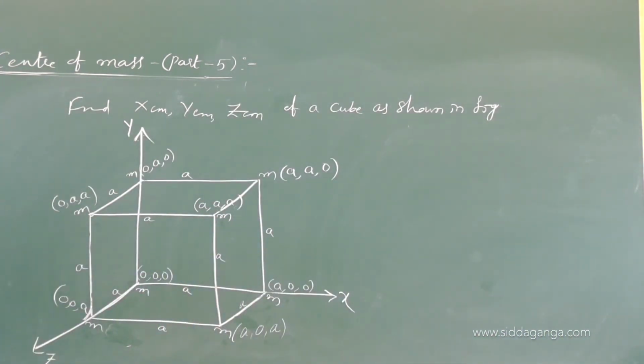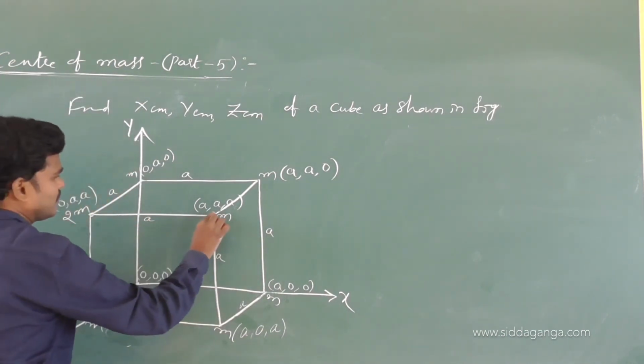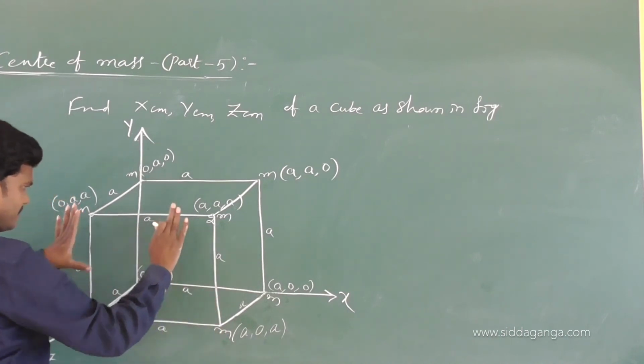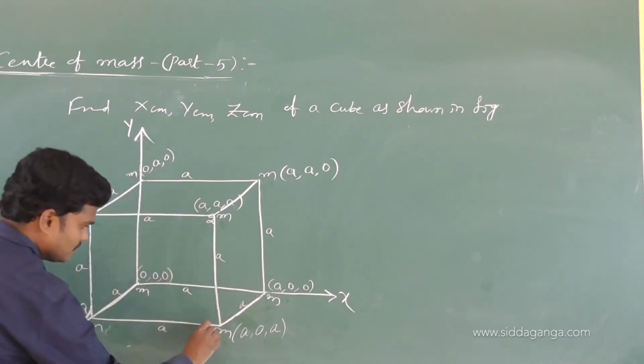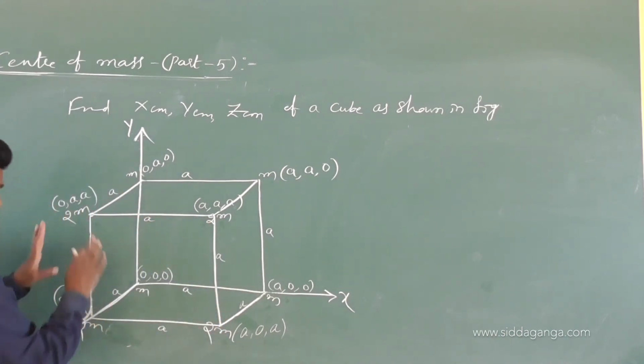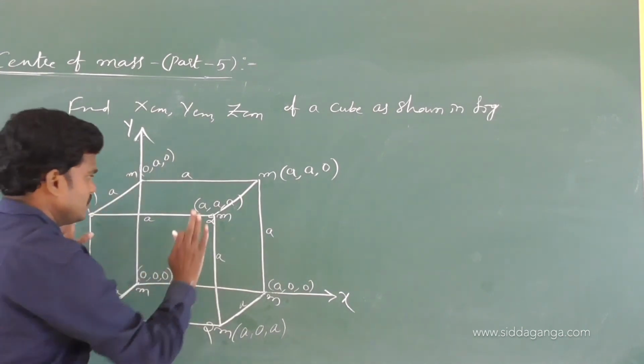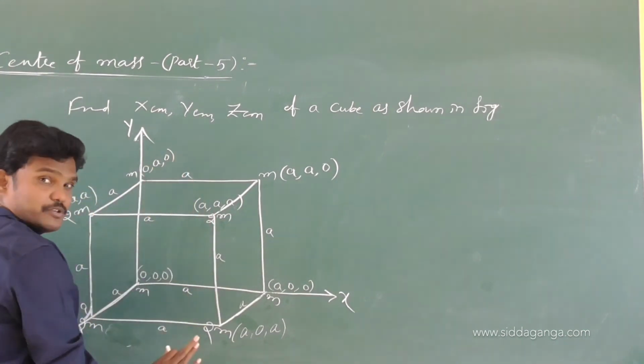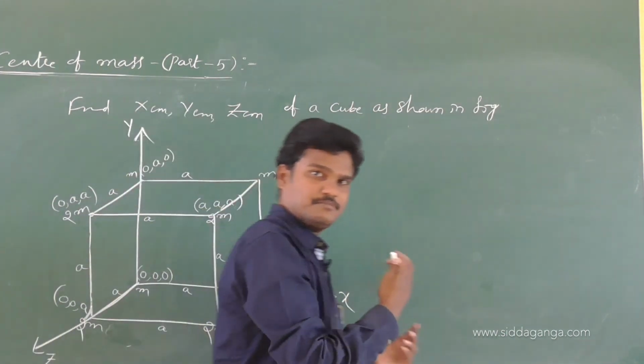Just see. Here I am taking 2m, front all are double, front face 2m, front, back side is the same, 2m, downside, inside is m.